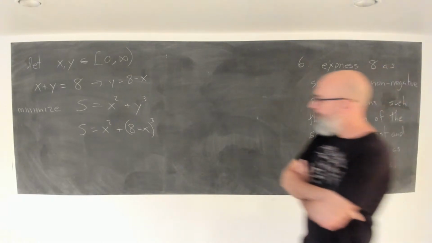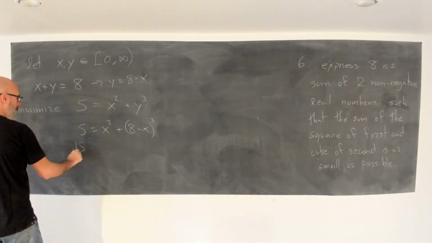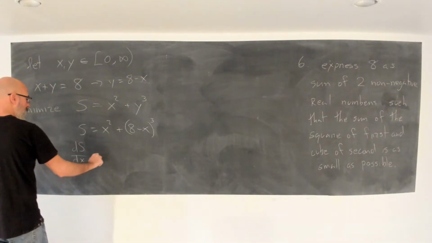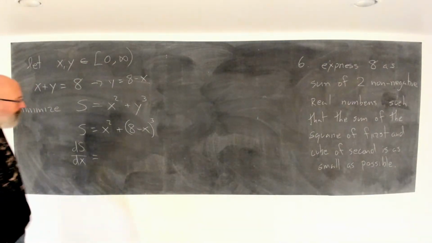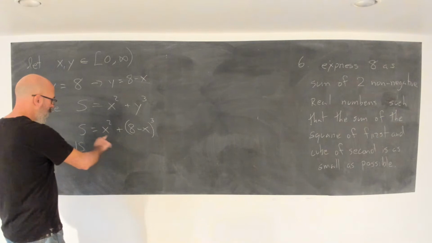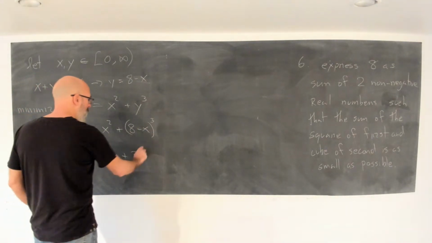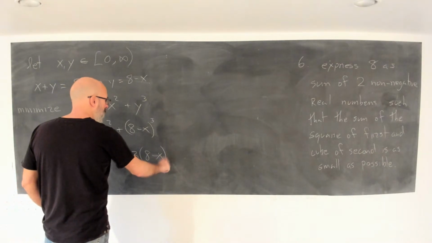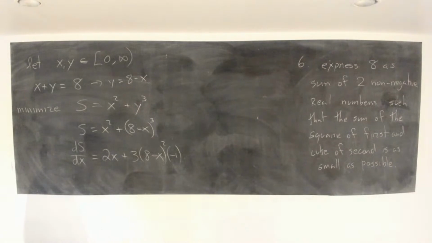So you know what to do. We are going to differentiate with respect to x. So the derivative is 2x plus 3 times (8 minus x) squared, times the derivative of the inside, times negative 1.